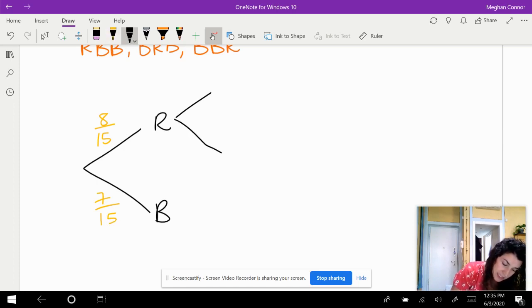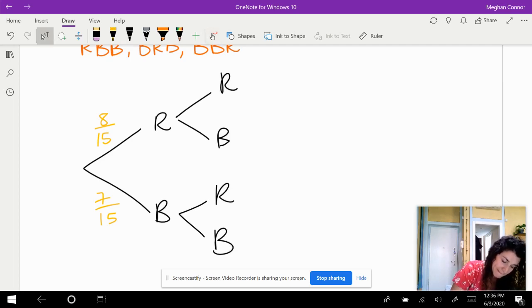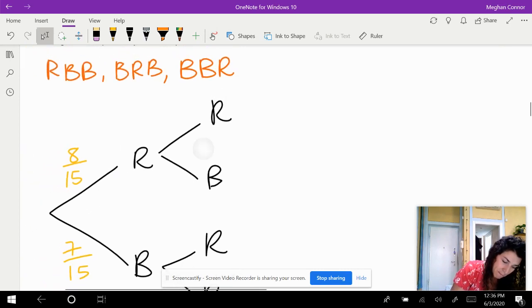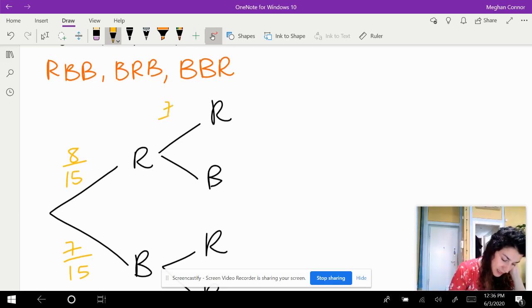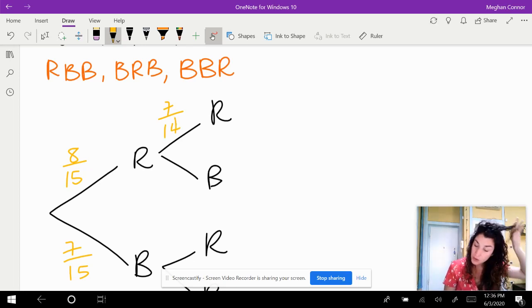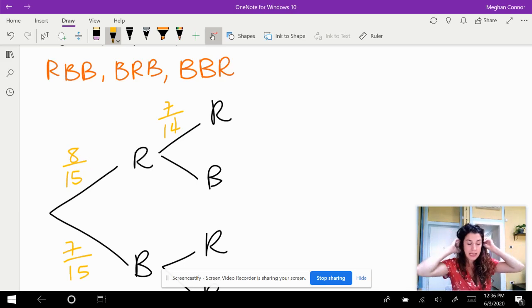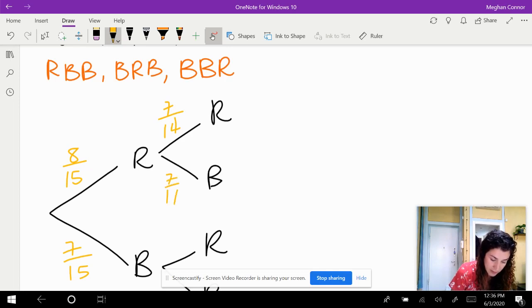Then from here, we still have the option of red or blue. Now, if I picked red before, that means I have 1 less red. So there's still 7 reds, but now we have 14 marbles in the bag. Blue, all the blues are still there in the bag, so that's still a total of 7 out of 14.